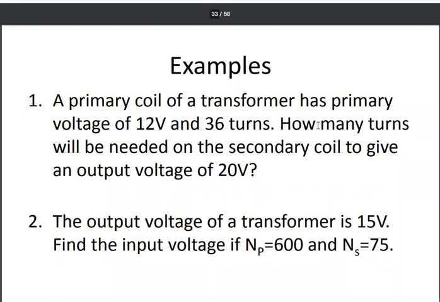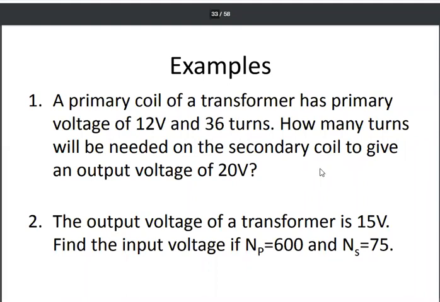Now we have to calculate how many turns will be needed on the secondary coil to give an output voltage of 20 volt. This is Vs, that is voltage at the secondary coil, and this is Vp, voltage at the primary coil, and this is Np, number of turns in the primary coil, and here Ns is not known. So Ns equal to what?